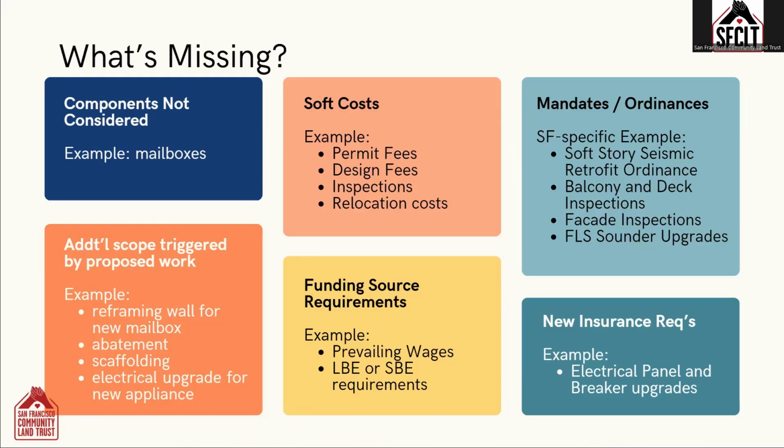So I think the big takeaway from this slide is that every location, every lender, every property is unique. And so just consider carefully what additional work might need to happen or might be triggered on the property, and make sure it's included in addition to what is being recommended by the CNA.